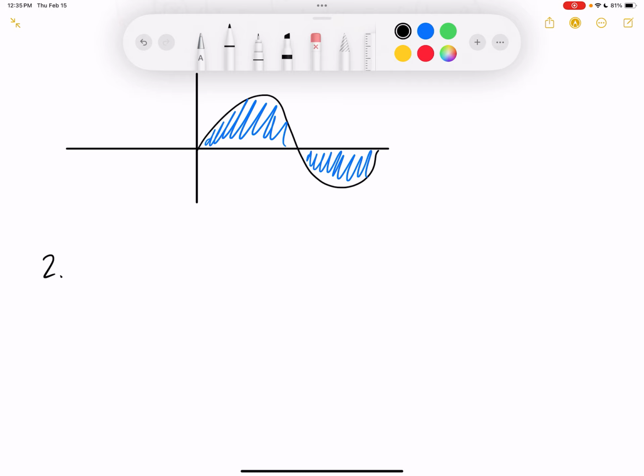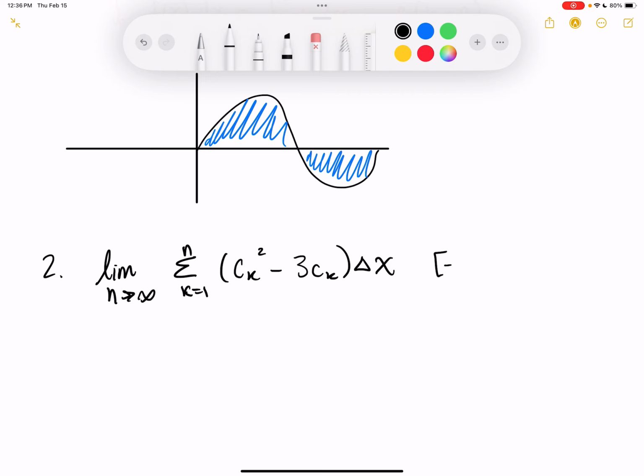So we have the limit as n approaches infinity of the summation from k equals 1 to n of c sub k squared minus 3 c sub k delta x. And they say it's from negative 7 to 5.